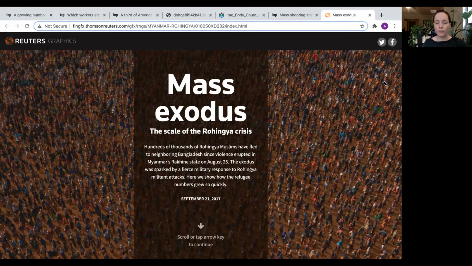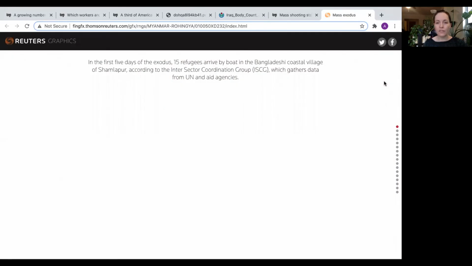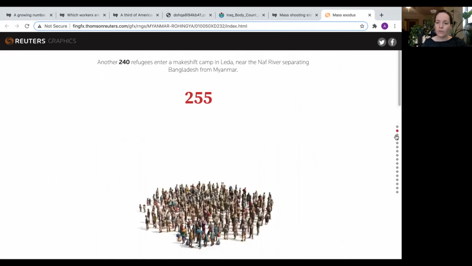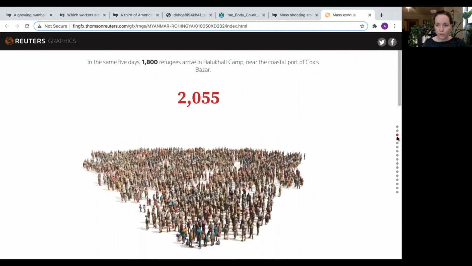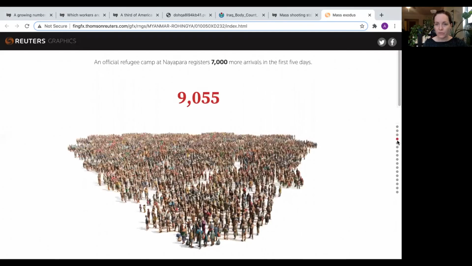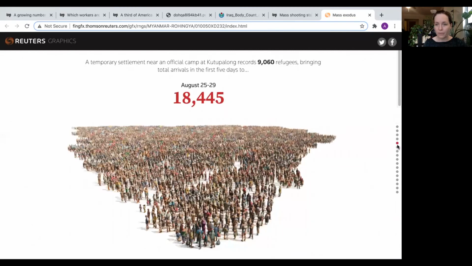And part of what I really love about this is all the different things they do with icon charts. So it starts with the story of 15 refugees arriving by boat, and you can see an icon for each of them. The icons grow as the numbers grow, and it grows into this big crowd.